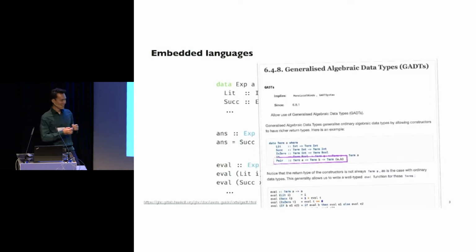Which is kind of nice. And in this example, they don't really tell you how to use it, right? You can't do anything with that. But it kind of gives this nice hint about, maybe we can do something with data types as well in these embedded languages, right? Maybe I can have pairs in my embedded languages. Maybe I can have other stuff as well.